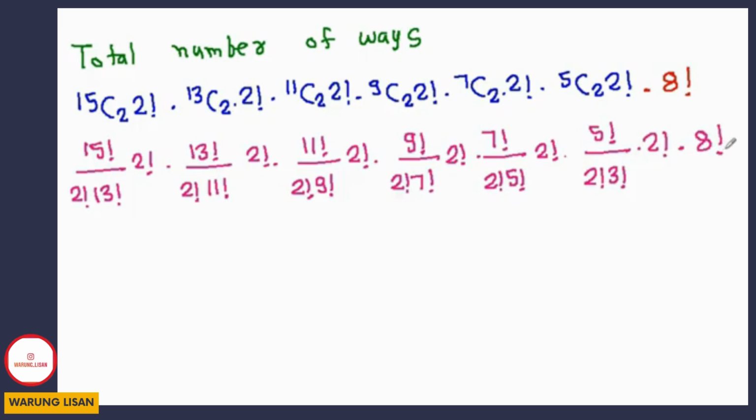and into 8 factorial. And now this 2 factorial and 2 factorial get cancelled, and similarly these 2 factorials and these 2 factorials, these 2 factorials and these 2 factorials get cancelled, and also these 13 factorials, these 11 factorials, these 9 factorials, these 7 factorials, these 5 factorials also get cancelled.